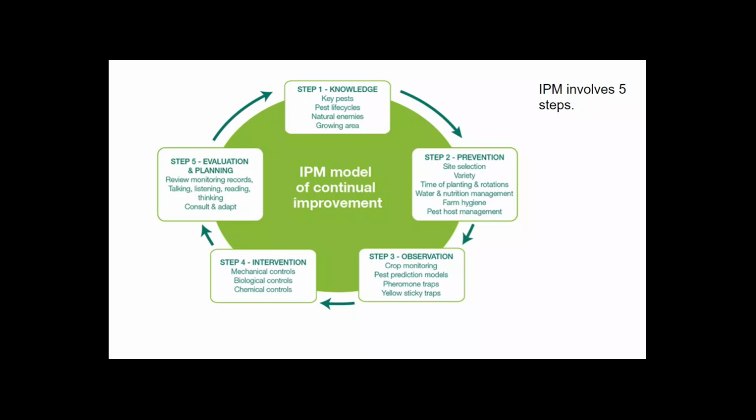Then we need water and nutrition management, using correct water. I suppose pests can come in the water, for example, and using the correct nutrition for the farm and farm hygiene, and then pest host management.